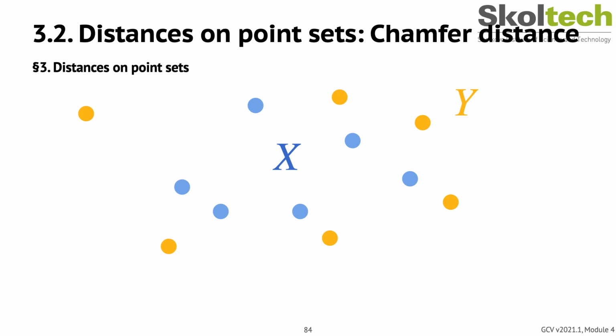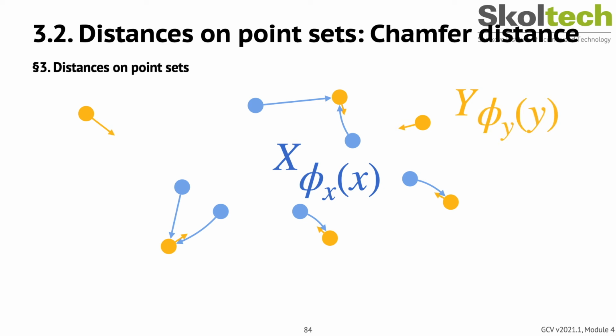Let us consider two mappings: phi of x, which maps a point x to its nearest neighbor in Y, and phi of y, which maps a point in Y to its nearest neighbor in X. Note that the mappings are general, meaning no one-to-one or any other symmetric correspondence between the two sets exists.